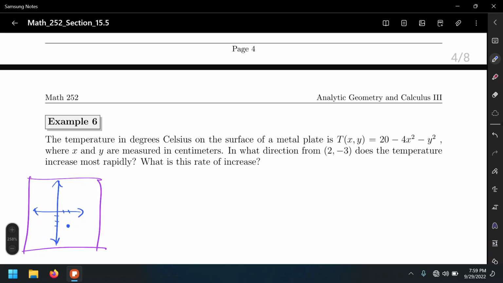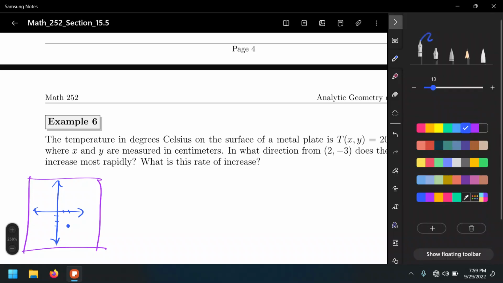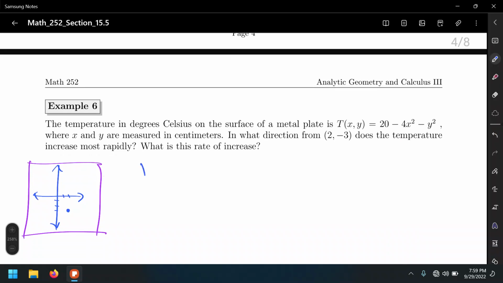Okay. So number one, what do we do? Find the gradient. In this case, it's nabla T, and the partial derivative of the function T with respect to x is -8x, and -2y with respect to y. So that's the gradient.